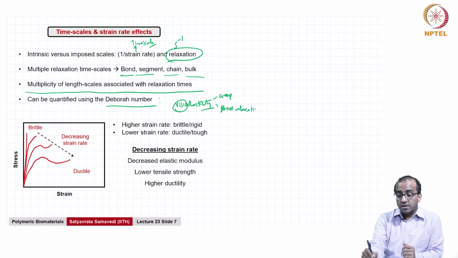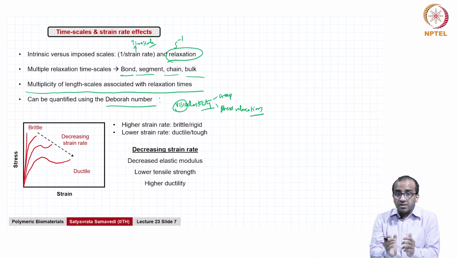So, this we will look at in some detail when we look at viscoelastic responses. But the reason I am saying that here is the point to be noted about the relevance of time scales in this problem coming from strain rate and the intrinsic relaxation processes that happen in the polymer.